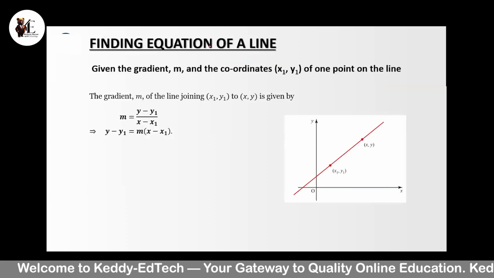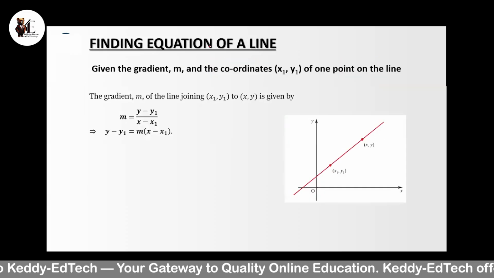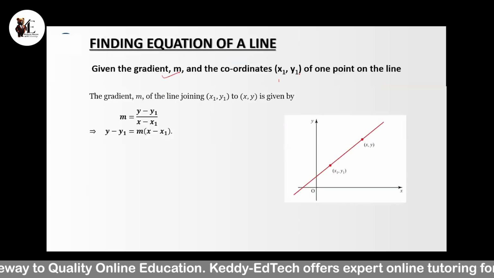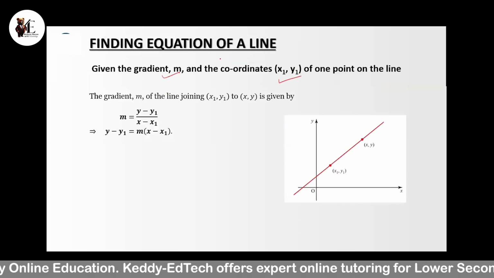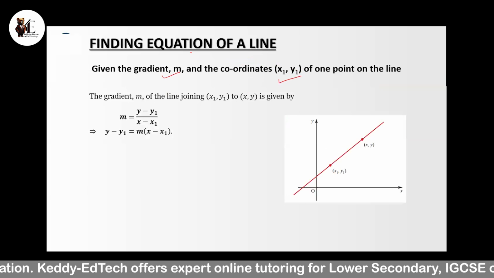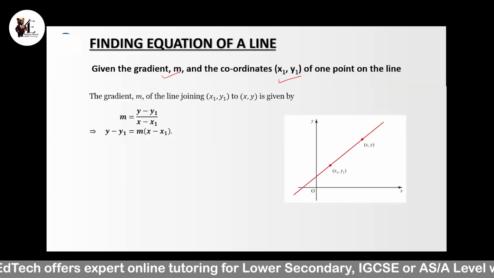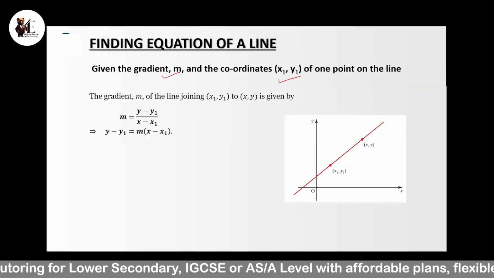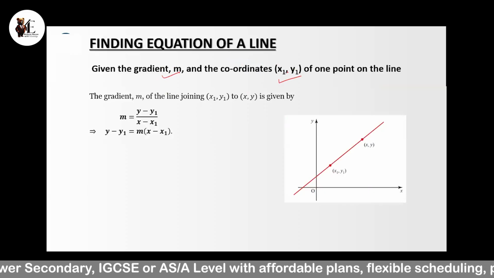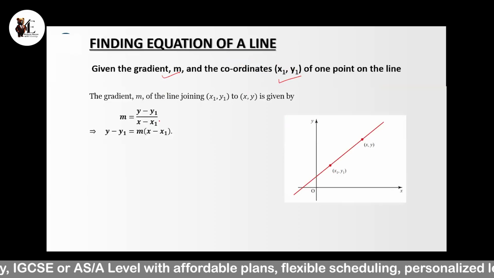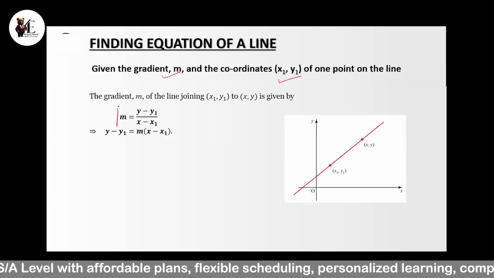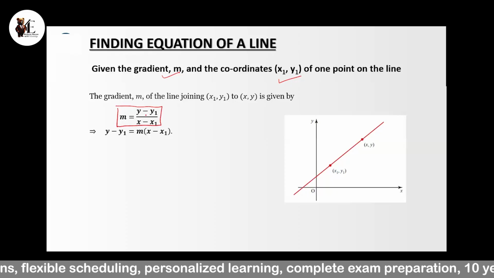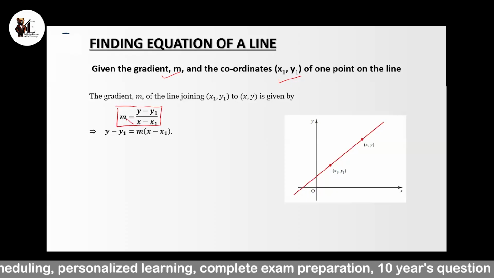And now, how to find the equation of a line. When the gradient is given and the coordinate of one of the points is given, now we have the formulas for gradients covered. If we have to form the equation of the line and the gradient is given as m and the coordinate of one of the points through which the line is passing is given, then we have to use this formula: m is equals to y minus y1 over x minus x1, and in the next step they have just cross multiplied.